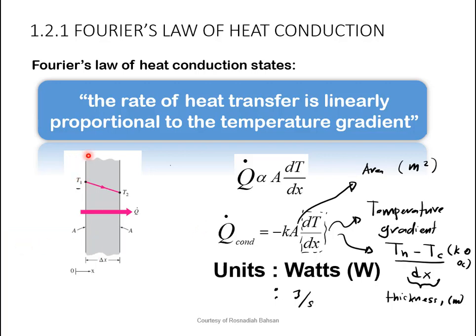Let's imagine this is your home wall. Heat will be transferred from the outer temperature, which is the surrounding temperature, to the inner temperature inside your house, which is T2. The mode of heat transfer must be from high temperature, the outer, to the inner temperature.